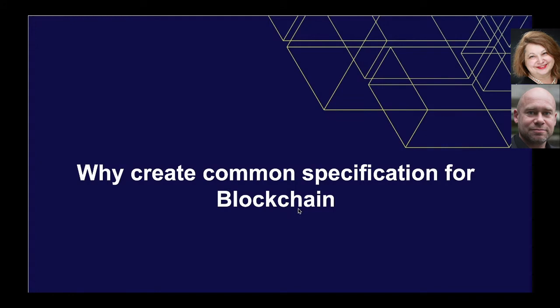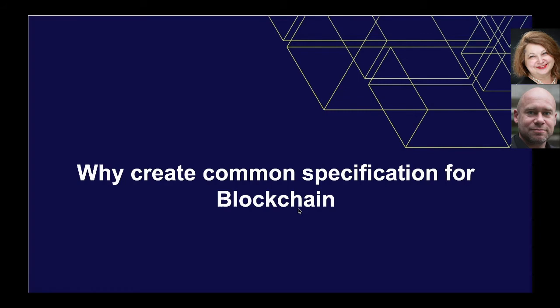Now, when we discuss the current state of the blockchain and basic principles behind the technology, it is a good time to ask a question. What do we need to take full advantage of the technology? The simplest answer is that at the current stage of development, what we really need is a common specification.